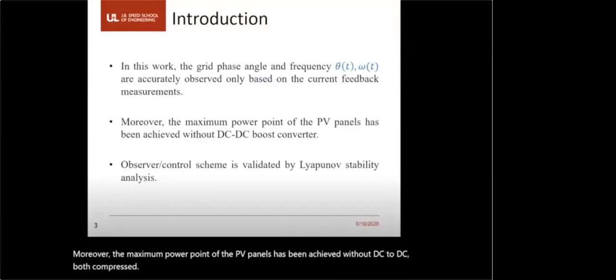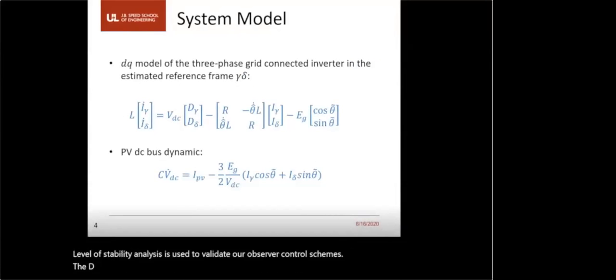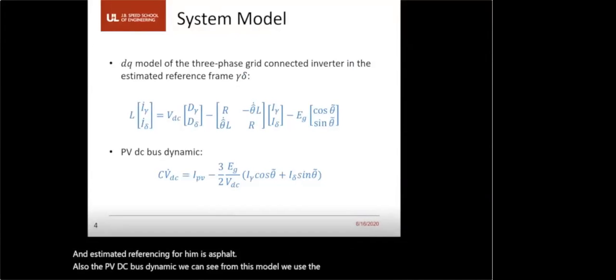Lyapunov stability analysis is used to validate our observer control schemes. The DQ model of the three-phase grid-connected inverter in the estimated reference frame is as follows. Also, the PV DC bus dynamic. We can see from this model, we use the estimated angle instead of the measured angle.